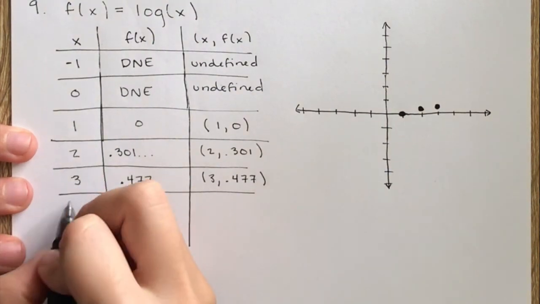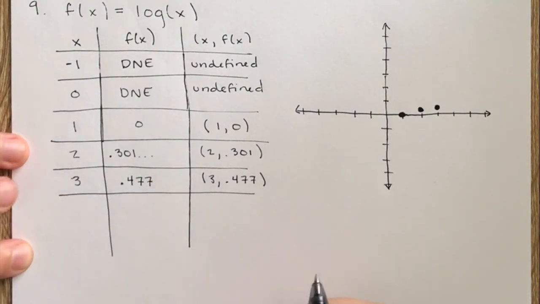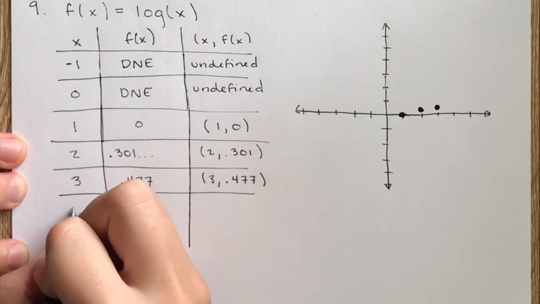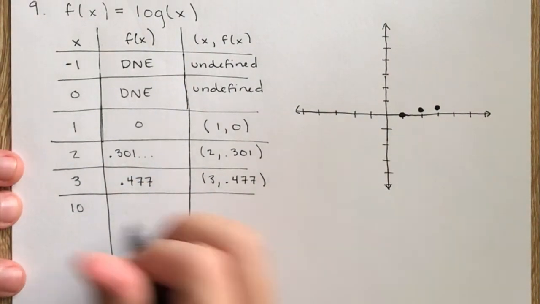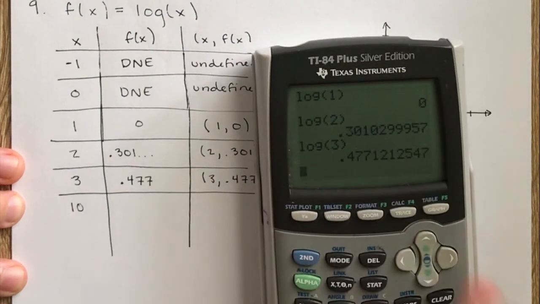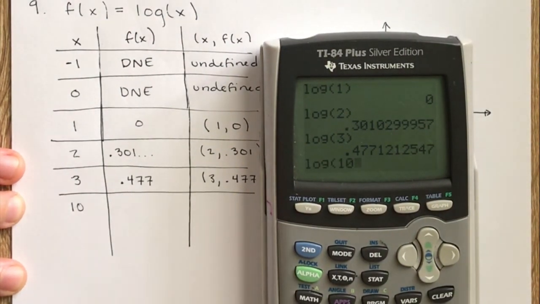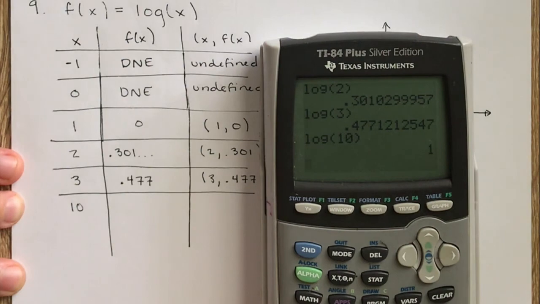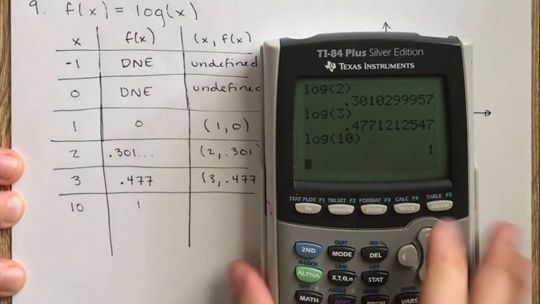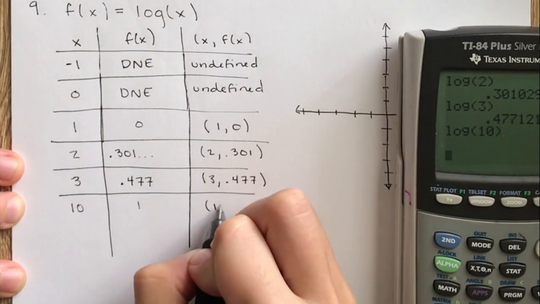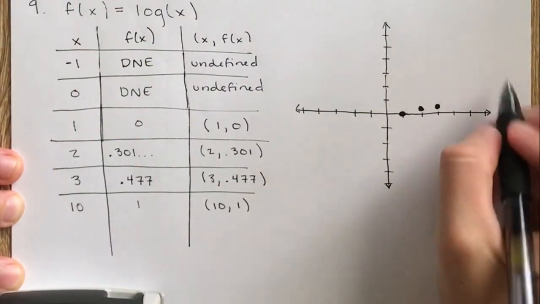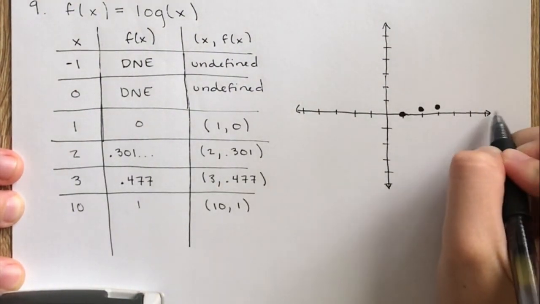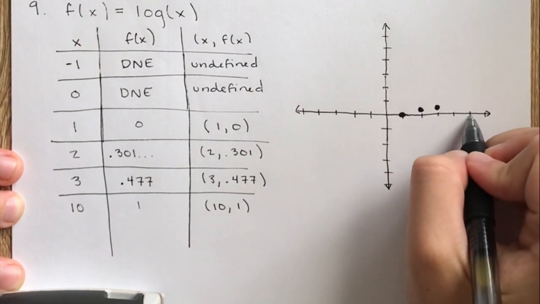I'm going to throw in some math teacher knowledge and say, let's try 10 so that we get a nice number. If I take log of 10, we end up with 1. So we have the point (10, 1). That is, unfortunately, planned really poorly off the graph as we have it.